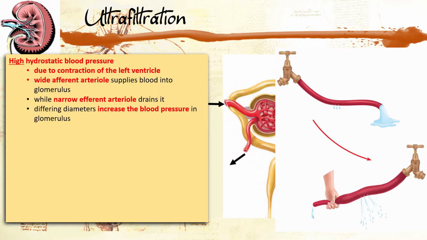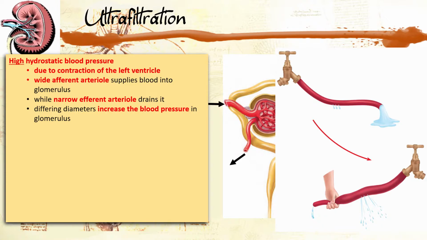Now, if you ask me, this is not exactly very important. It's good to know, but the important thing to understand is that the pressure that drives ultrafiltration is due to the contraction of our heart muscle, and the high blood pressure will cause the filtrate to leave our blood.